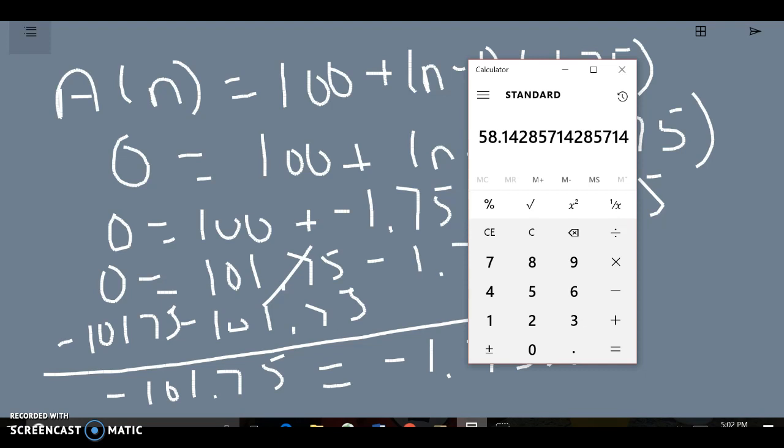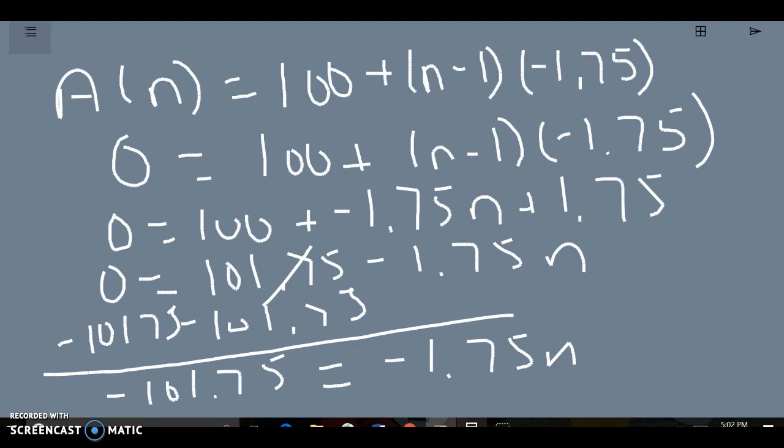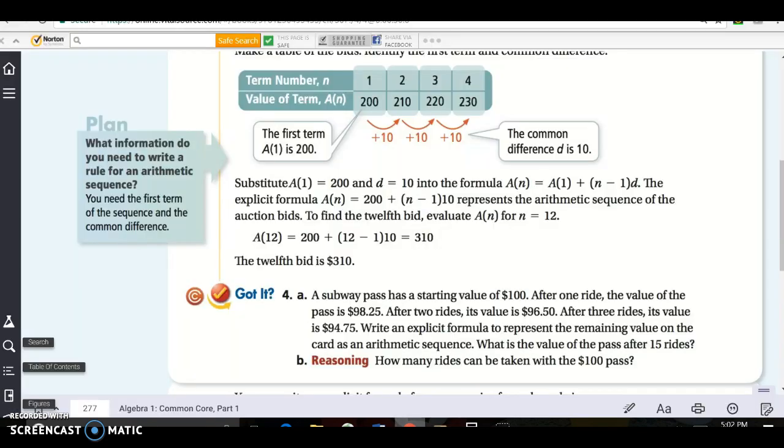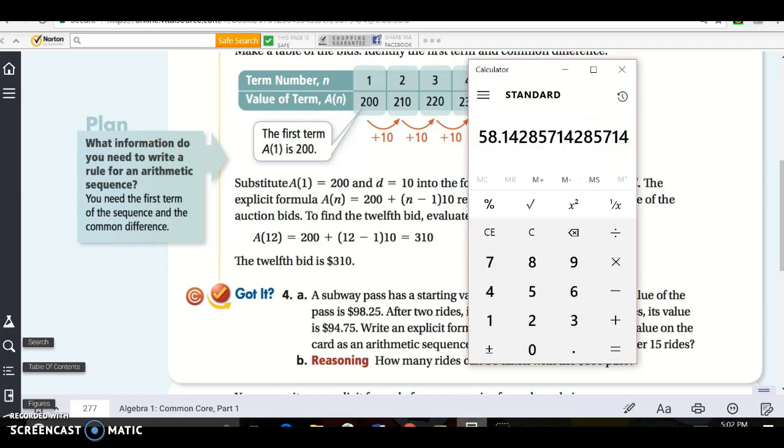And let's see, did I make a mistake somewhere? Is it 1.75? Now I'm doubting myself.